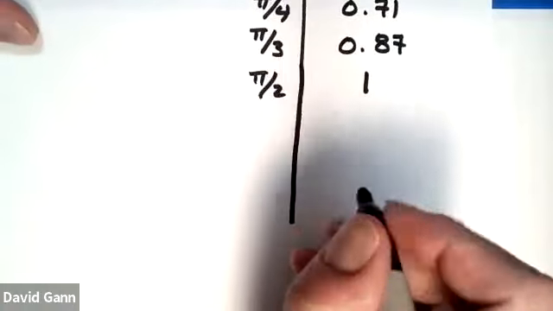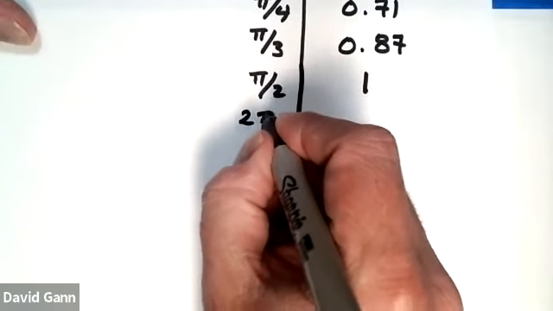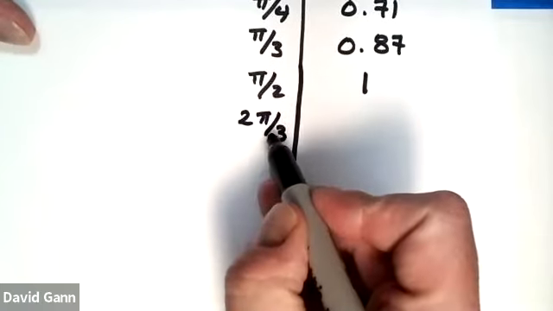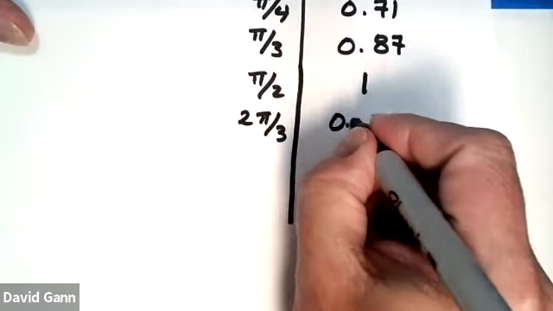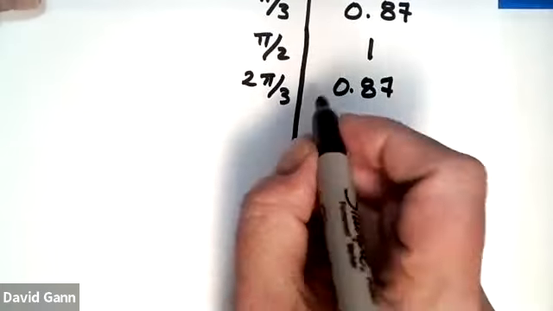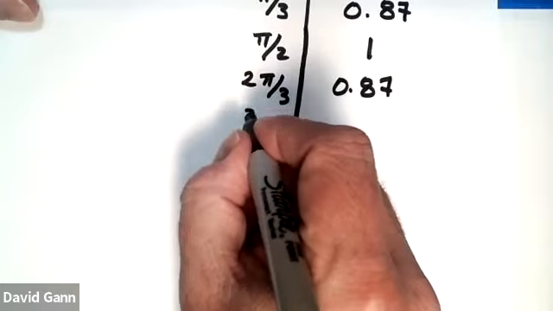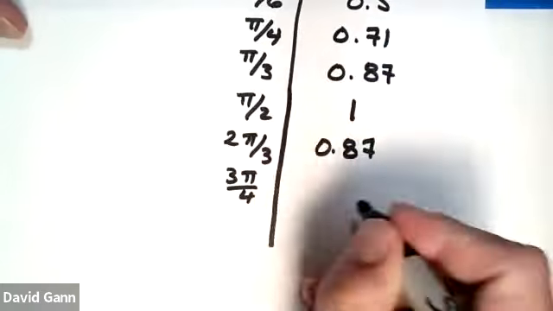What happens as we move into quadrant 2? Well, the next value is 2 pi over 3, and this is again square root of 3 over 2. So it has the same value, 0.87. And then the next one will be 3 pi over 4, which again has this value of 0.71.